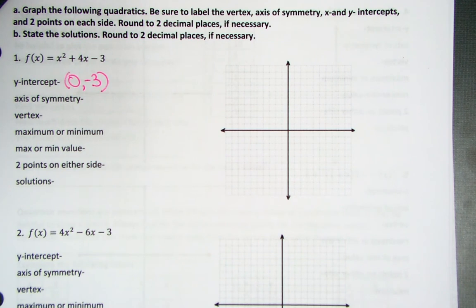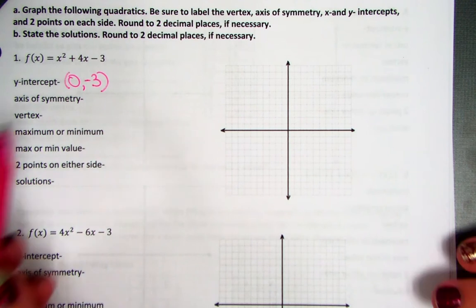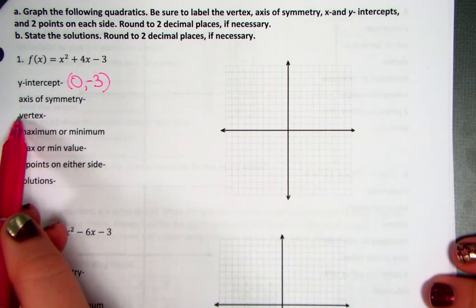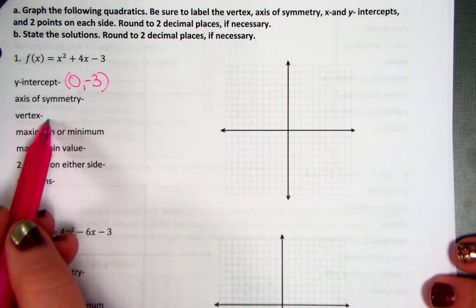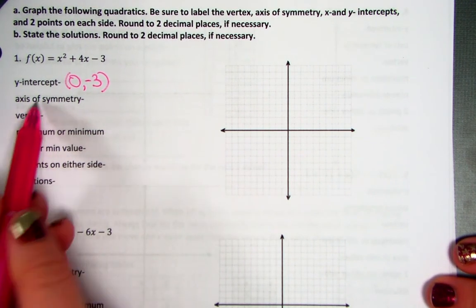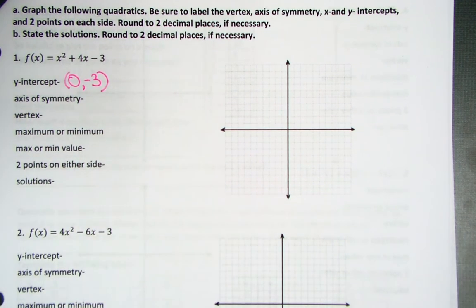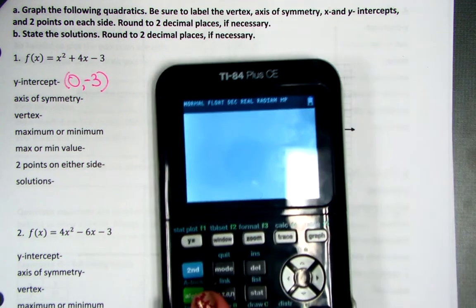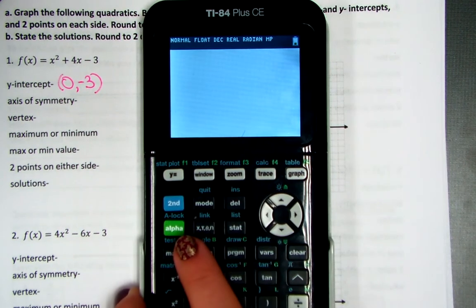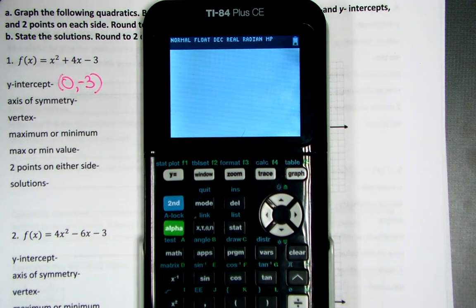Next, we need to find our axis of symmetry. Well, in order to find your axis of symmetry, you're going to have your vertex, because your vertex will go back to your axis of symmetry and it will give you your value for your minimum or maximum value. So you're going to need your calculator, because you may have noticed on the scale that we needed a calculator in order to graph these.